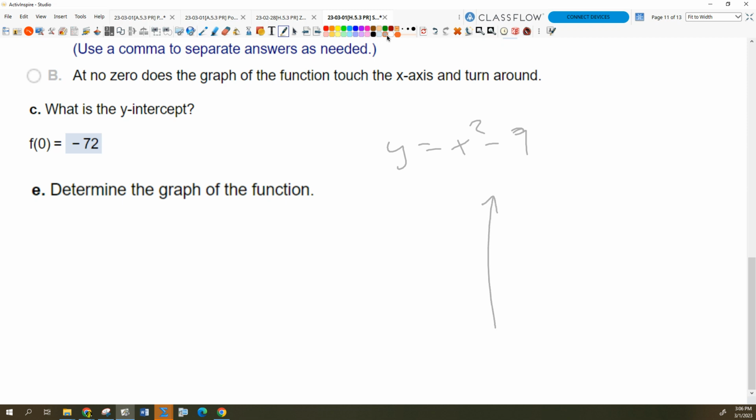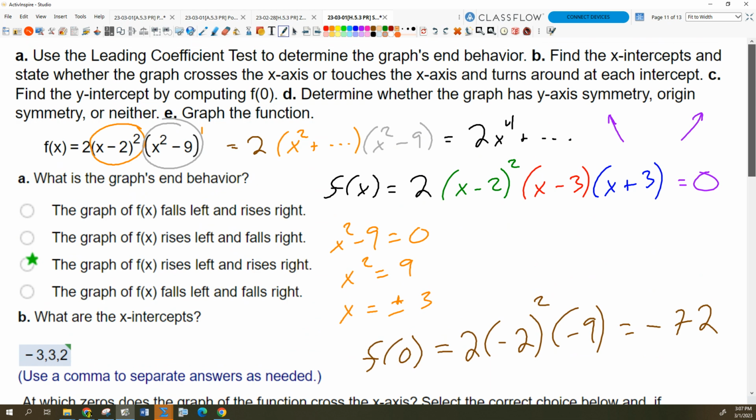Well, that's just a parabola that's been shifted down by 9, right? So there's the vertex, and it's just going to cross at -3 and +3. It's going to cut through the x-axis at -3 and +3. Everybody see that?